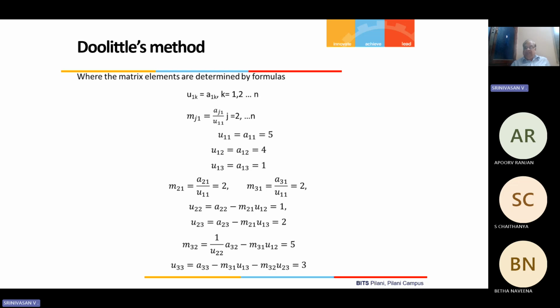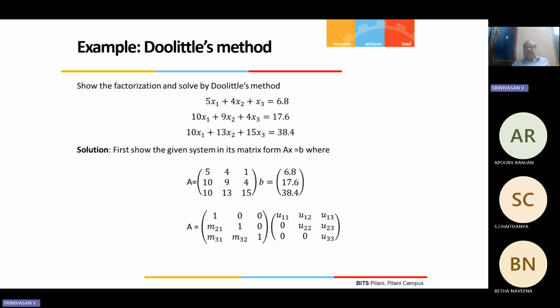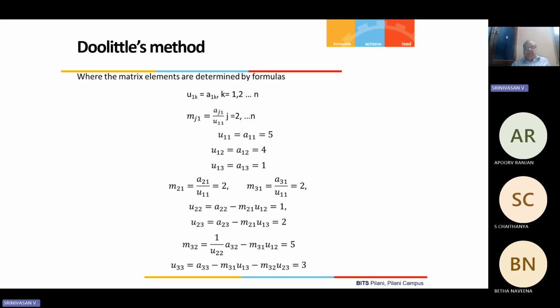So similarly, U33. What is A33? A33 is 15. 15 minus M31 is 2 into U13, 1. So 15 minus 2, 13. 13 minus M32 is 5 and U23 is 2.